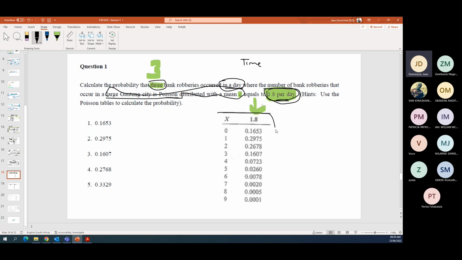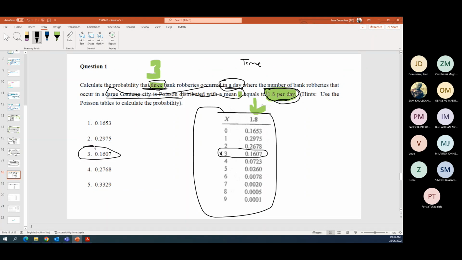Again, you need to go to your table that is on your study guide, or there will be a set of tables that the lecturer will distribute a week or 2 before the exam, so that you have that packed together. Where sigma is 1.8, we look at 3 robberies: 0.1607, and that is your answer.